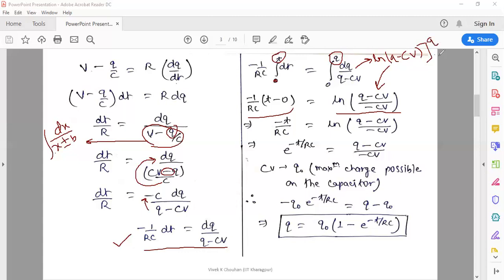So when we put the limits of integration, we will have log of q minus CV, minus log of minus CV.